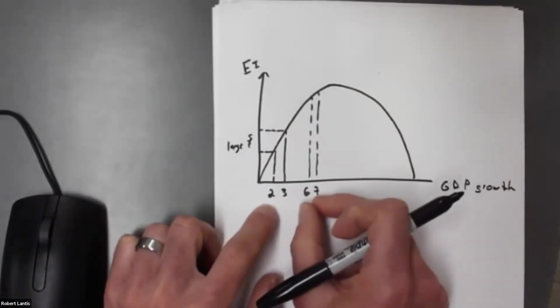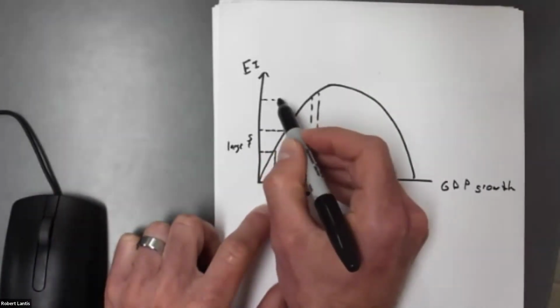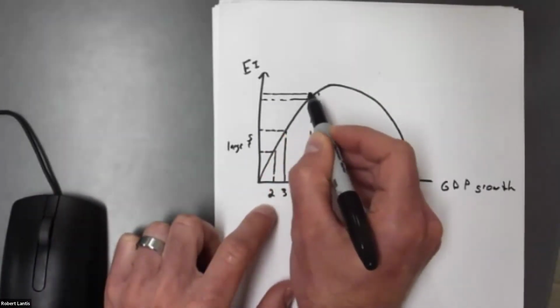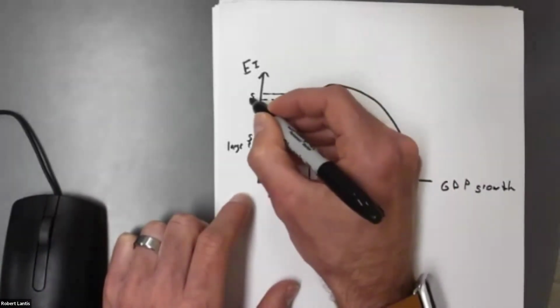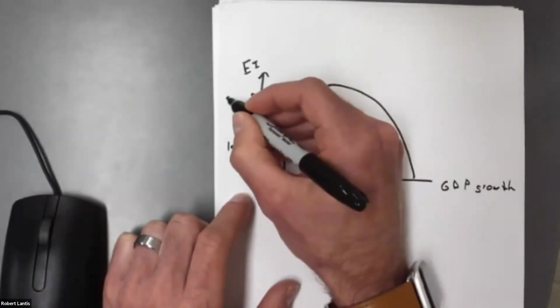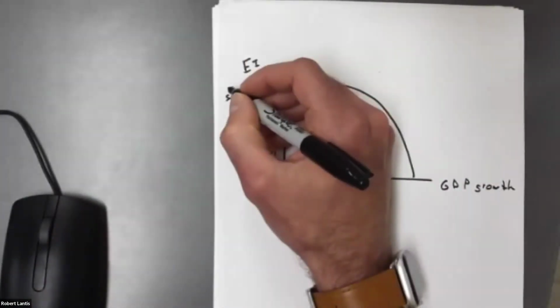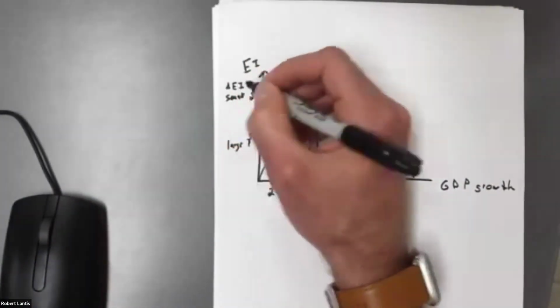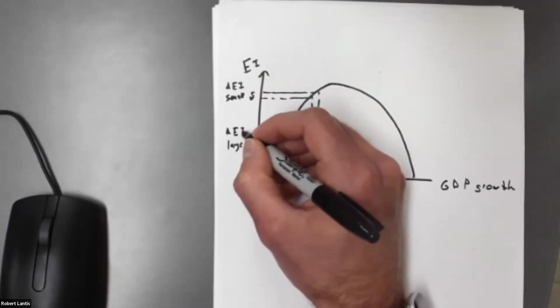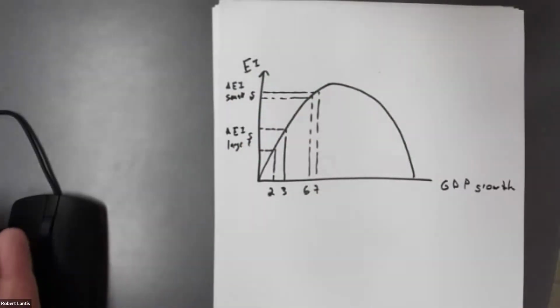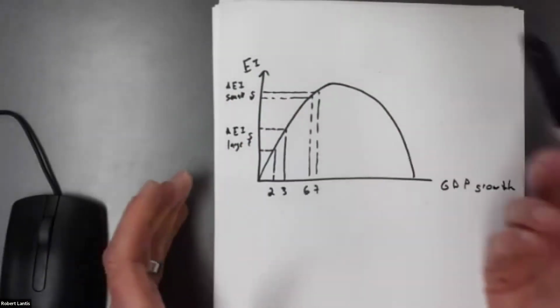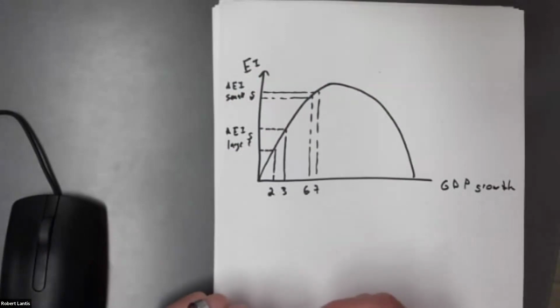But that same 1% increase in growth, once we're looking at higher growth rates, now the change in my economic inequality, it's still going up, but the change is relatively small, right? So the change in economic inequality is relatively small compared to at lower levels, where it was relatively large. This is the idea that the slope of my function is decreasing.